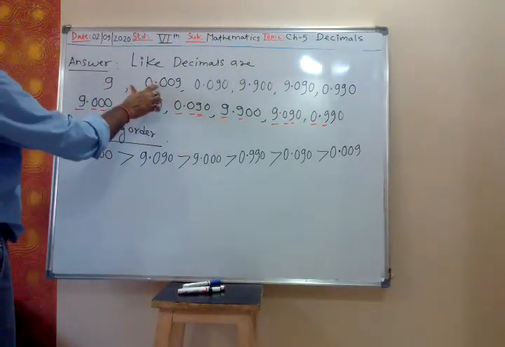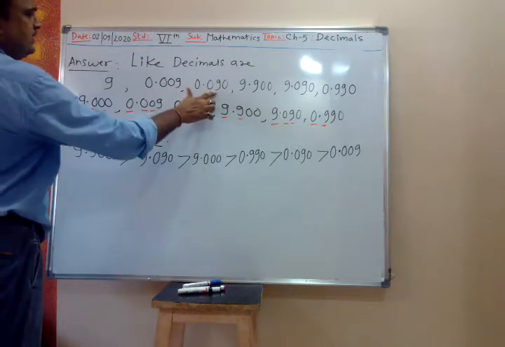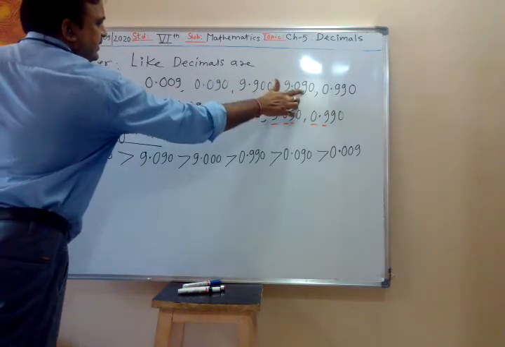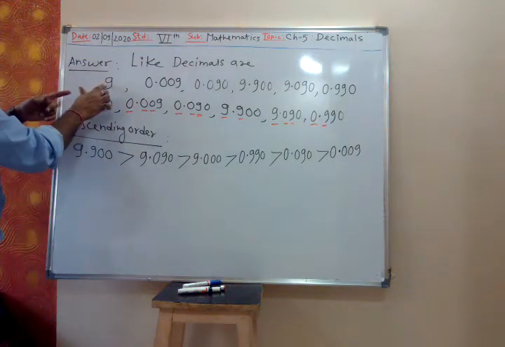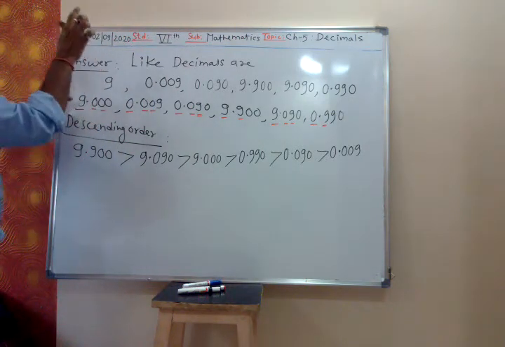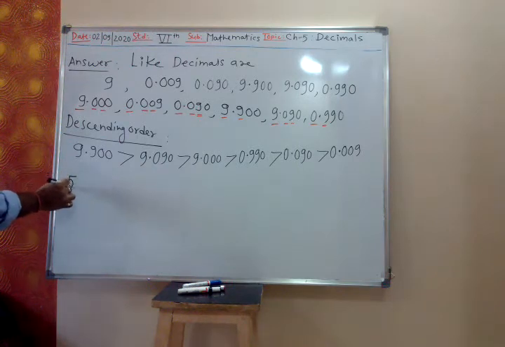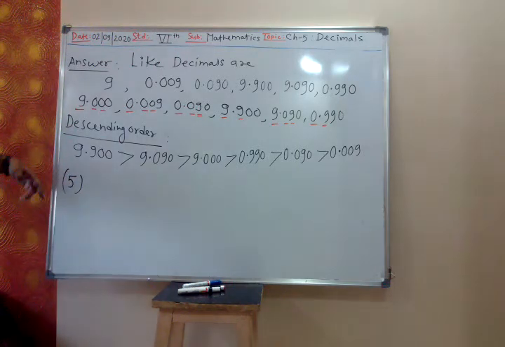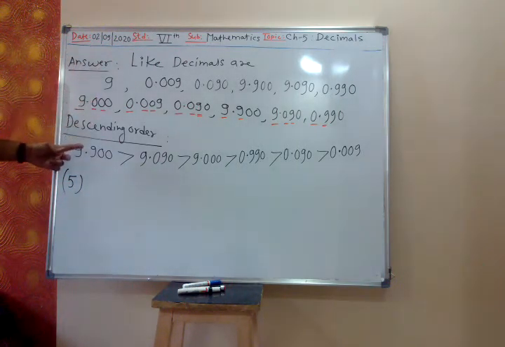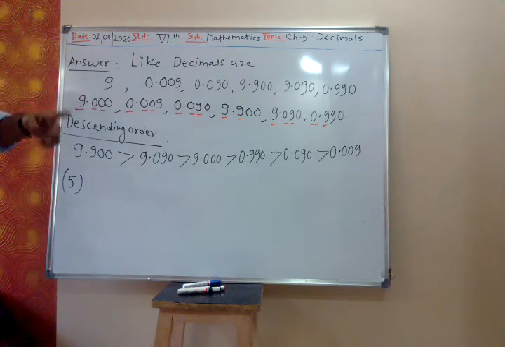So after point there are 3 digits, 3 digits, 3 digits. So 9 I can write 9.000. After decimal we want 3 digits. Then for descending order, we arrange the number from bigger number to smaller number.